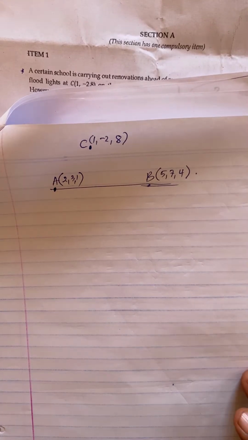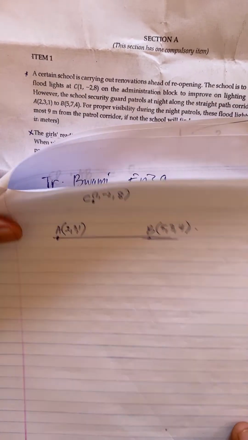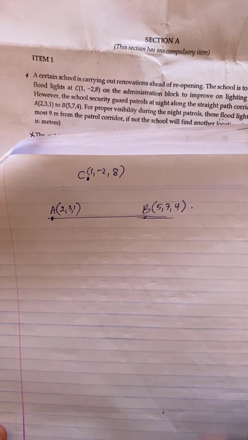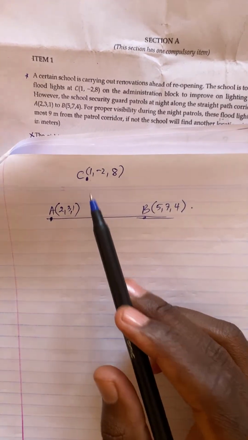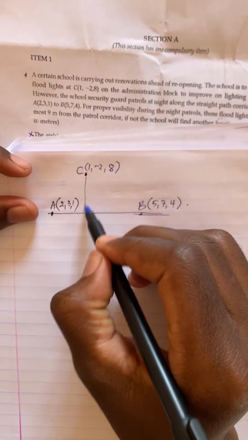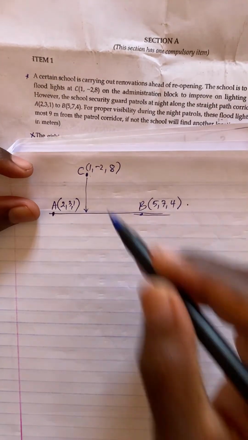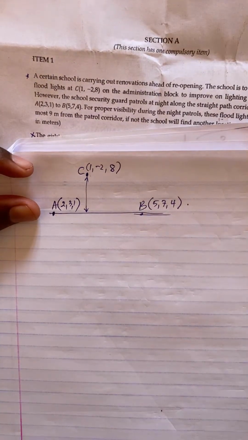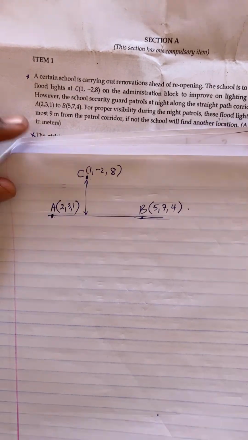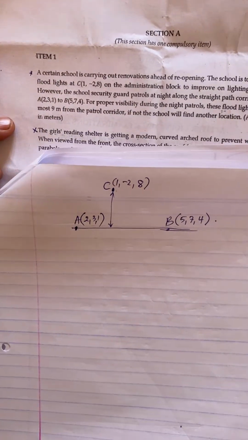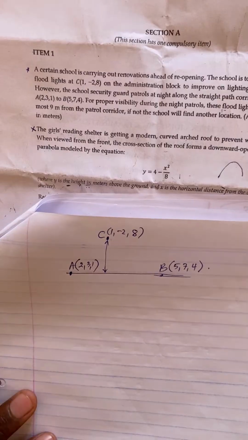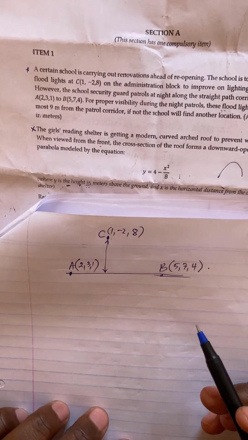Okay, guys, let us continue with this. According to such a question, we are interested in finding the distance from this point to this line. So, guys, let us look at this.